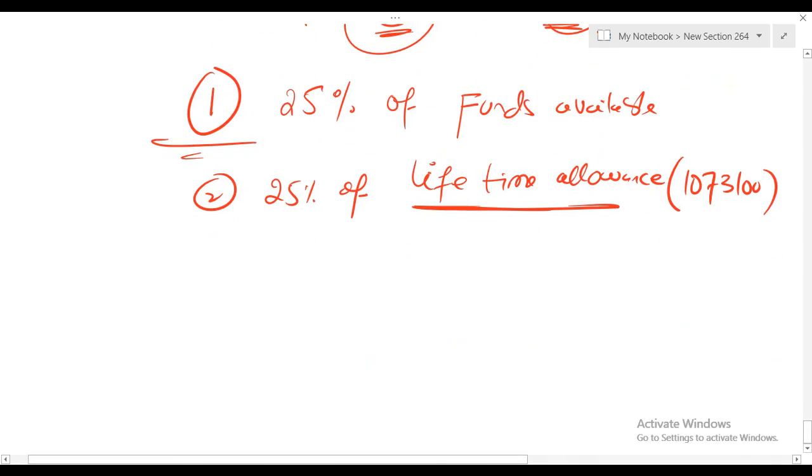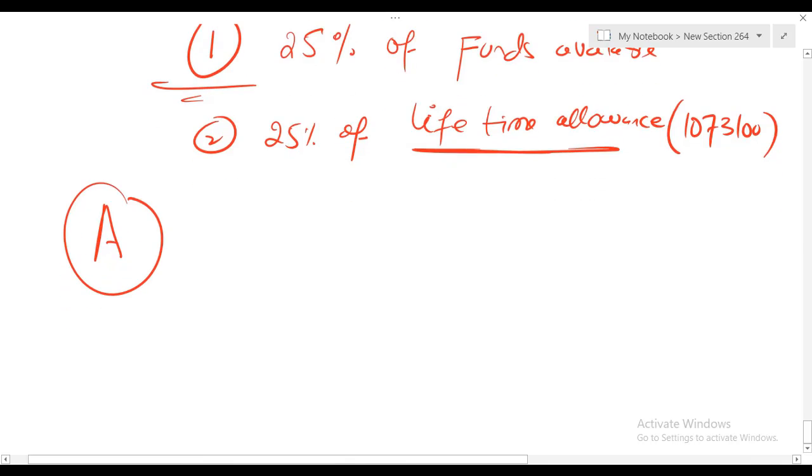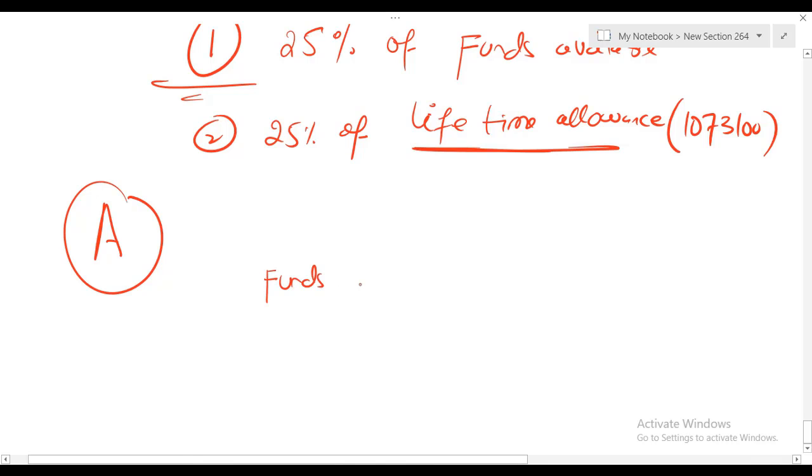Now let me give you two examples of this. Example A. Let's assume that funds are 800,000. Example A or scenario A, assuming that Mr. X has reached the retirement age and he has funds in the pension of 800,000.